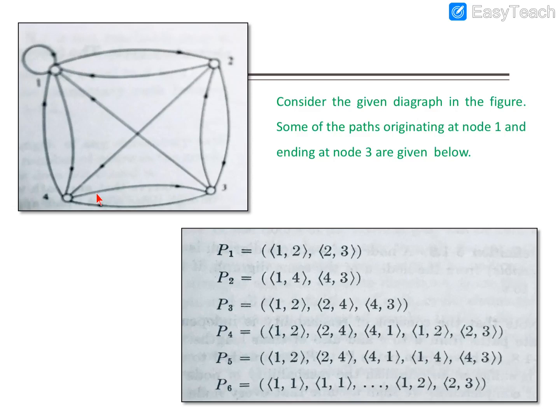Using this diagram, here we discuss some of the paths originating at node 1 and ending at node 3. Path P1 is 1, 2, 2, 3. The other path is 1, 4, 4, 3.